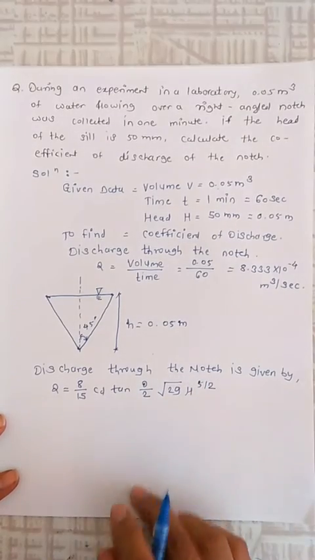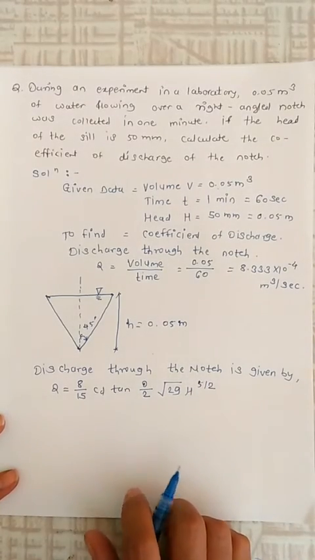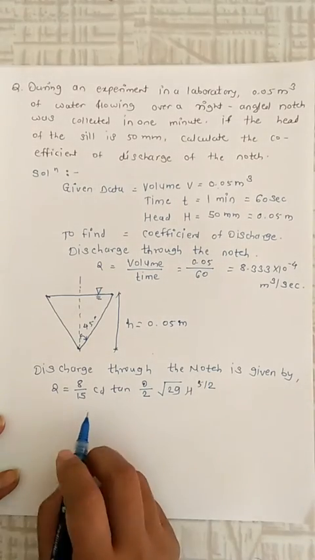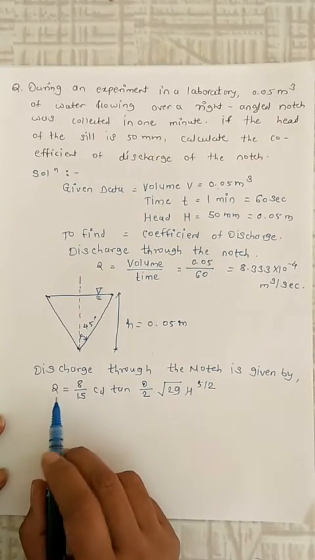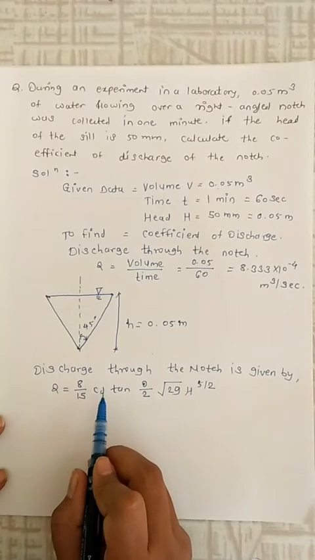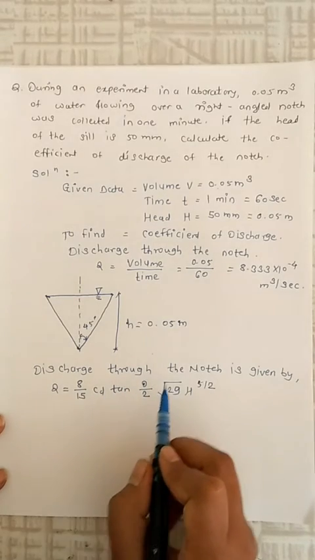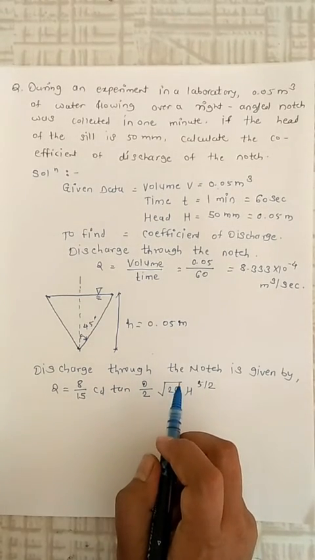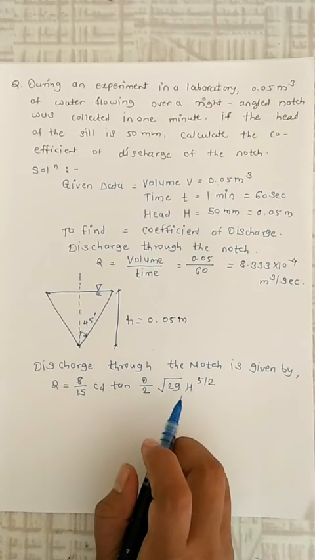This is the standard formula for calculating discharge through the notch. I repeat again, Q is equal to 8 by 15 CD tan of theta by 2 under root 2g h raised to 5 by 2.